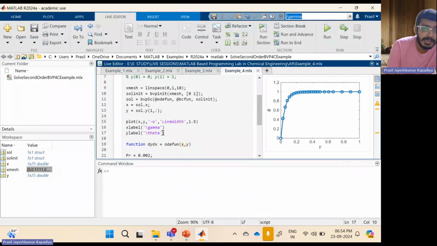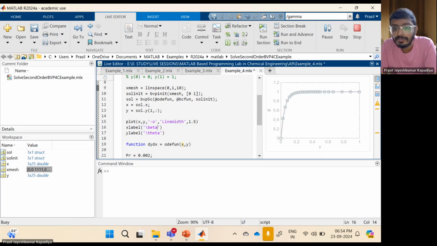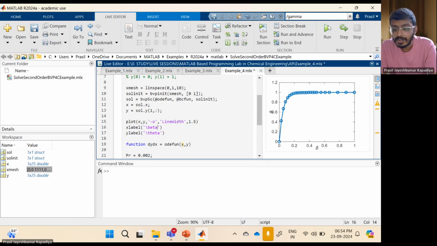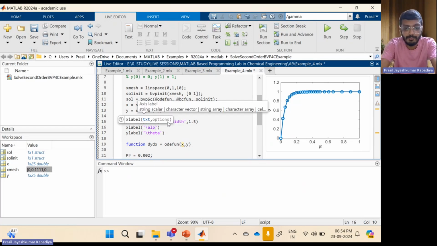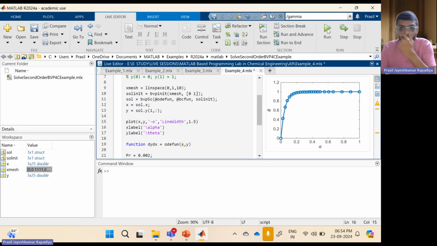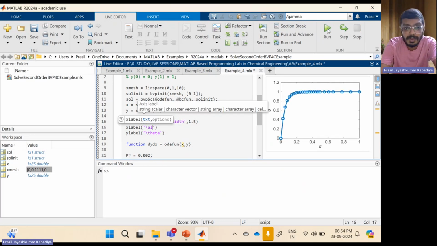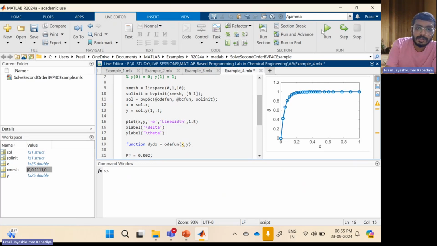Let's say I'm writing it here as beta. So it is showing me the symbol of beta. Let's see if I write alpha. It will show me the symbol of alpha. Similarly, if I write delta, okay, but these are all small letters.